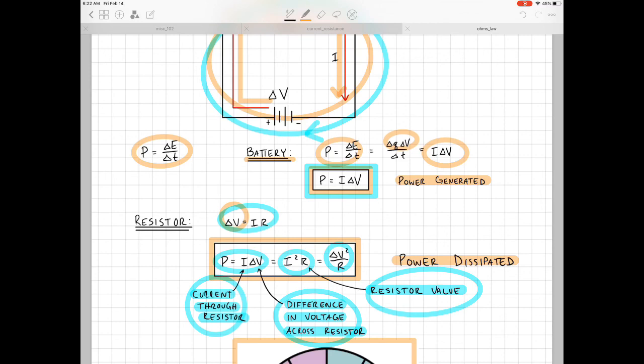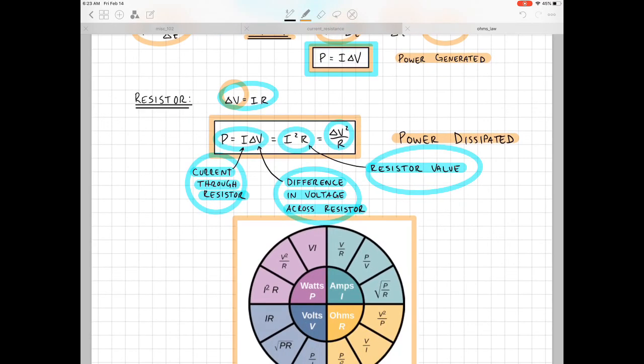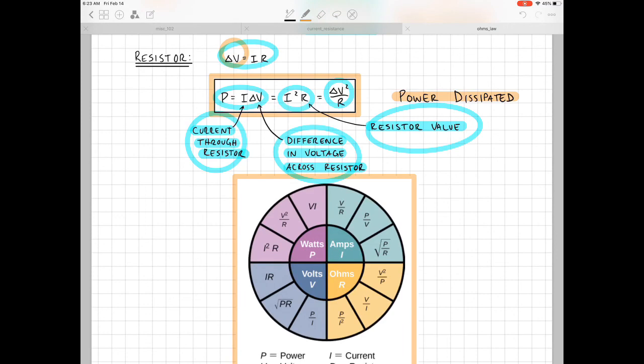And I'm trying to remember to always use the delta V whenever I'm referring to the difference in voltage at two points rather than using the V notation that the book uses. So when you're comparing what I'm writing here to what you see in the book, that'll be one difference, and that's one of the reasons why I'm doing it, is because we're really talking about the voltage across something. We're not talking about the potential at a given location.